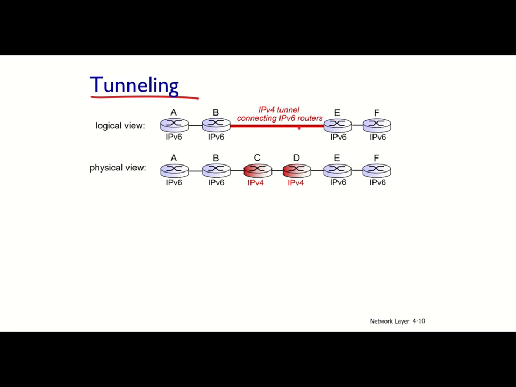So this is the logical view that B and E think they have between them, but the truth is there are two other IPv4 routers between B and E, but we use IPv4 tunneling to connect B and E using the IPv6 protocol.